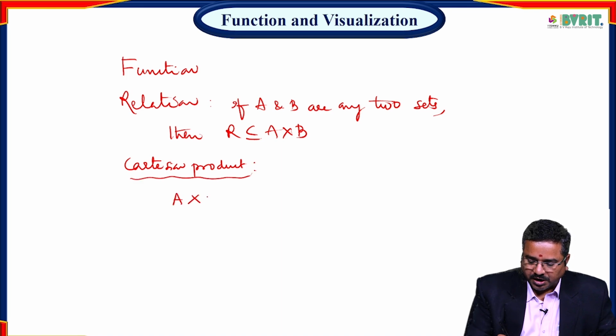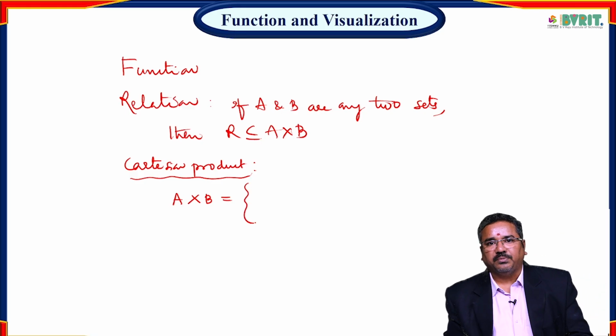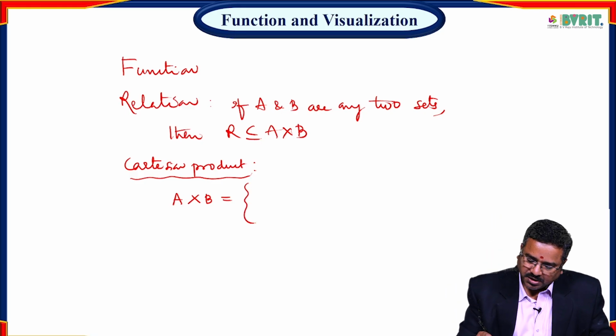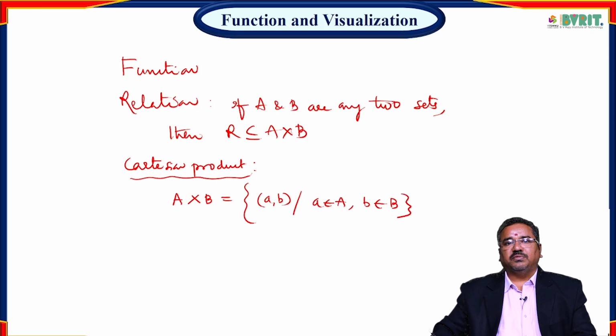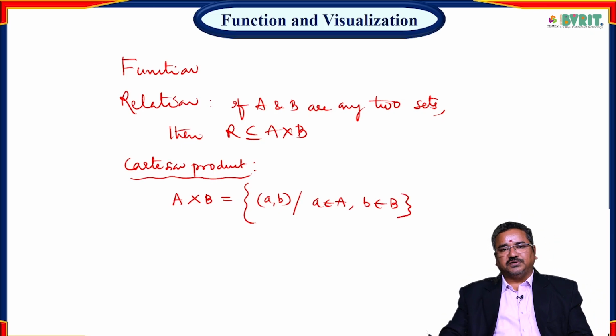If A and B are any two sets, the Cartesian product of A, B is represented by A cross B, defined as the pairs (a, b), with a coming from A and b coming from B. This is the Cartesian product. If you have the sets, then we can construct A cross B. Once we have A cross B, any subset of A cross B is called a relation.